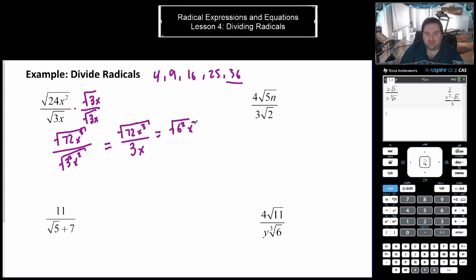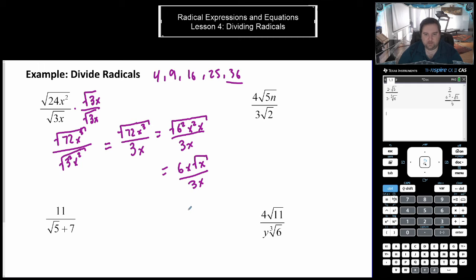And then we're going to have x squared and x. Right? X squared times x is x cubed. Why did we do that? It's to simplify it. So we're going to be able to remove this 6. We're going to be able to remove this x, right? And all we're left with on the top is root x. And on the bottom we have 3x.